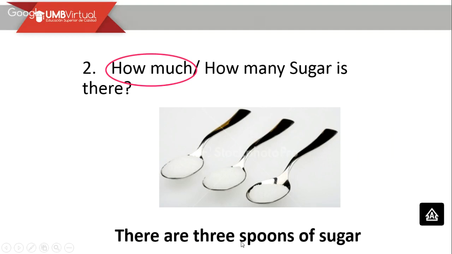Recordemos que cuando nosotros estamos utilizando cuantificadores, como en este caso decimos que hay 3 cucharadas de azúcar, podemos utilizar el there are, por supuesto, porque estamos mencionando la cantidad exacta. Pero recordemos que sugar por sí solo es algo que nosotros no podemos contar. Por eso tenemos que utilizar esa expresión.